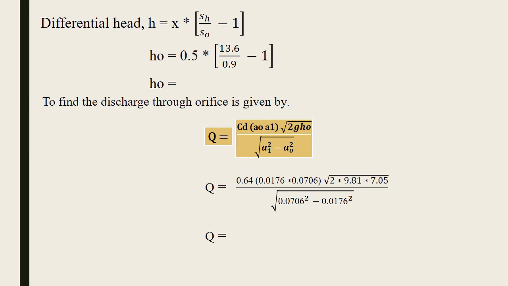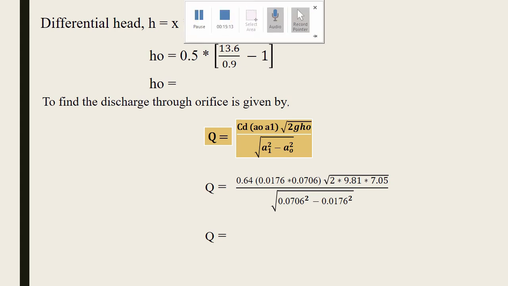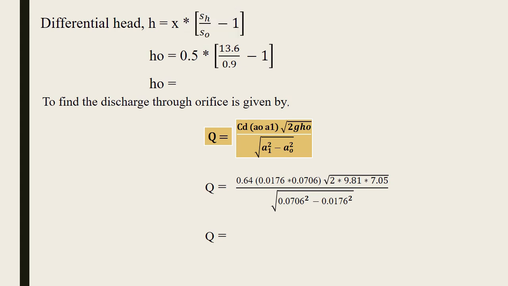SH is the specific gravity of the heavy liquid, and SO is the specific gravity of the lighter liquid. Among oil and mercury, mercury is heavier and oil is lighter. So that is how I substitute. X is the reading of the differential manometer.